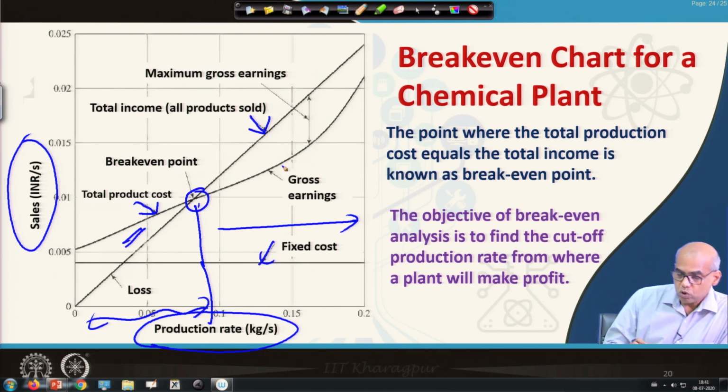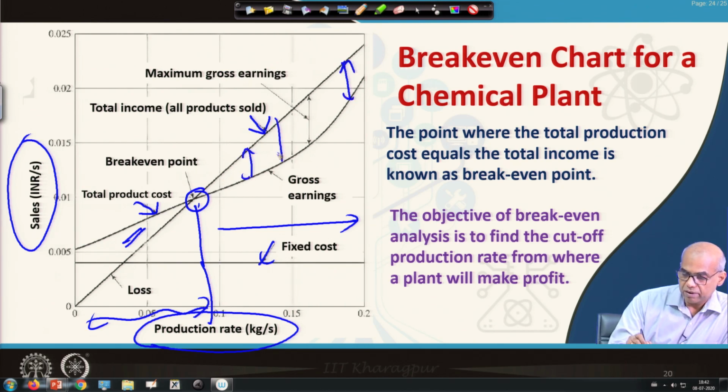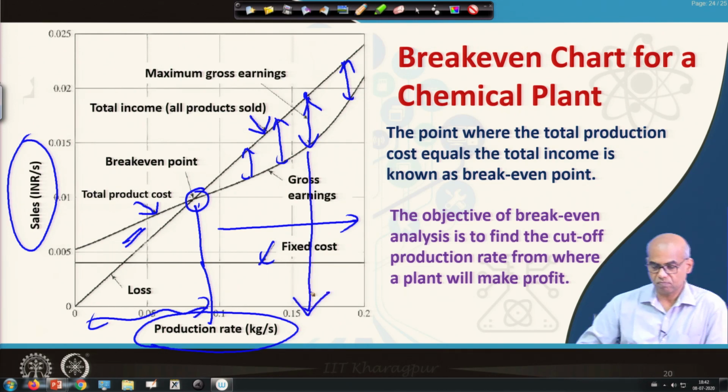And you also note that the earning is different at different production rates. So, you definitely would like to operate at the maximum gross earning, the production rate that gives you maximum gross earning. So, that is this.